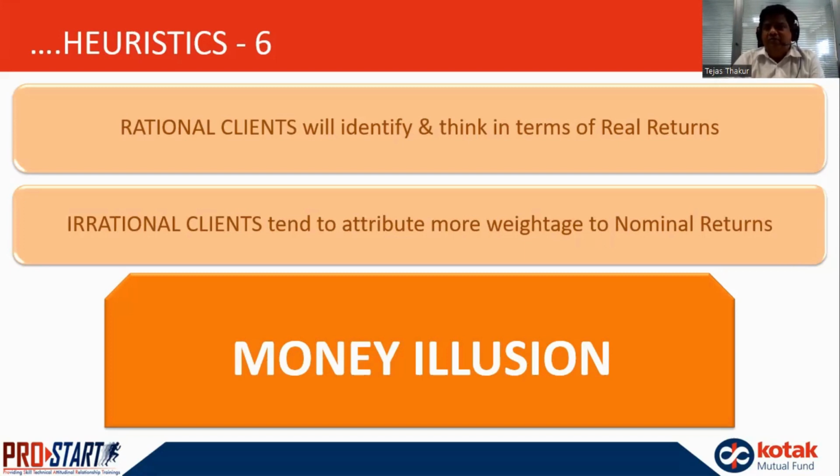Should you be happy? Maybe no. If your inflation is at 14%, you should not be happy. So then they understand that what they are looking at is not the right number. They should be looking at a different number. Okay. So framing is what I purposefully do with my clients. Money illusion is from where I have to get my clients out and make them see the real picture.